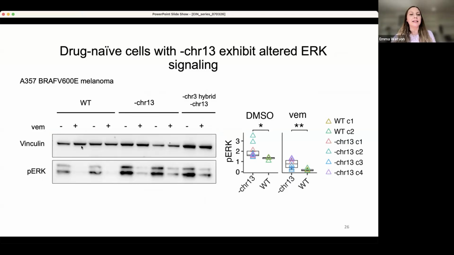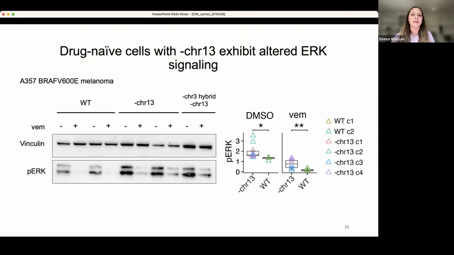And what we see is that, let's just look at wild type cells. These are just two replicates of the experiment. We see, like we should, phospho-ERK depleting with BRAF inhibitor treatment. We see that's also true in the -13 and the -3 and 13 cells, however, to a much lesser degree. So we still see some phospho-ERK in the vemurafenib condition, whereas we really don't see much at all in the wild types.